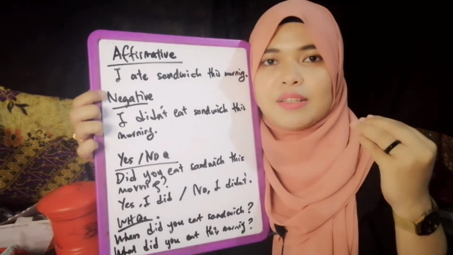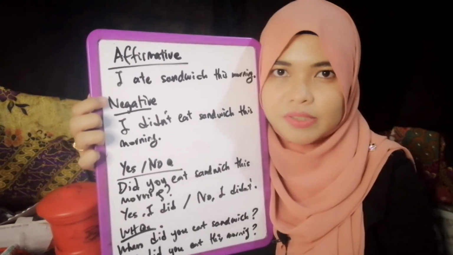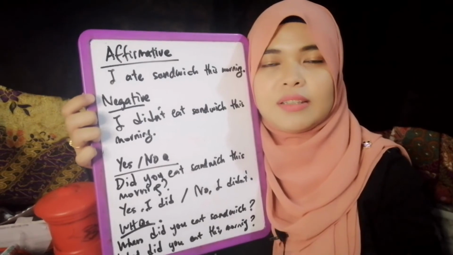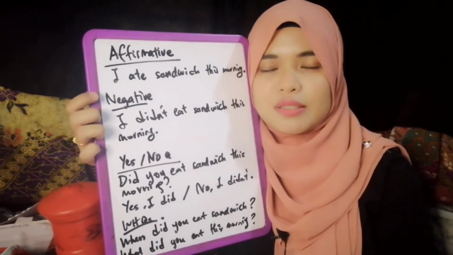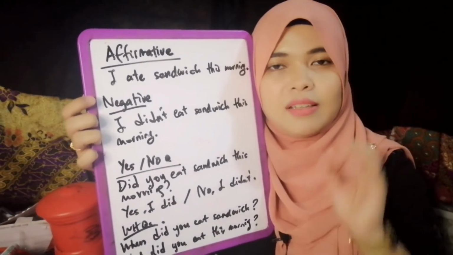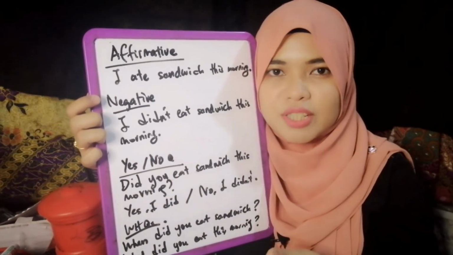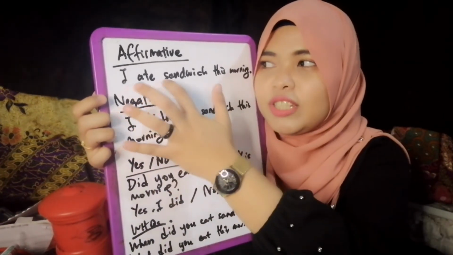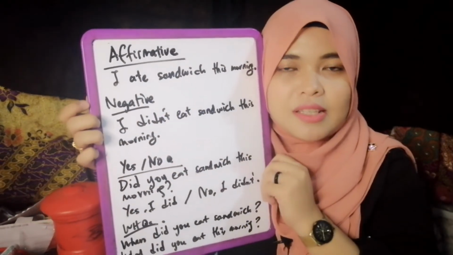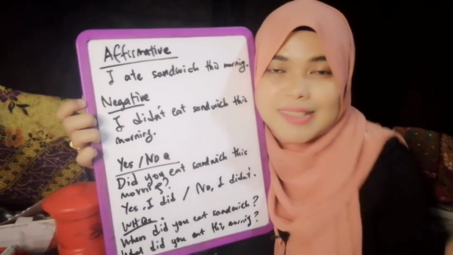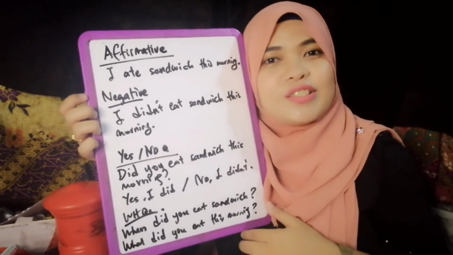It's either regular verbs or irregular verbs. And you use did or didn't when you want to make negative sentences, questions, or WH questions. And you use this with the base verb. You don't have to change it. So you only have to change it when you are using an affirmative sentence, regular or irregular, and then the indication of time. See? Past tense is very simple, right?